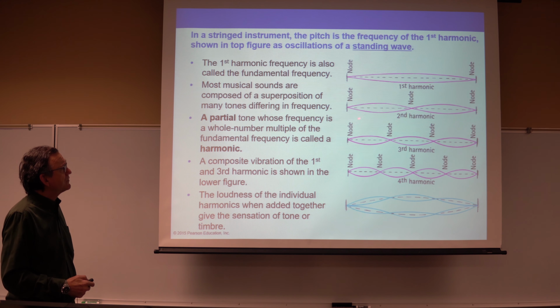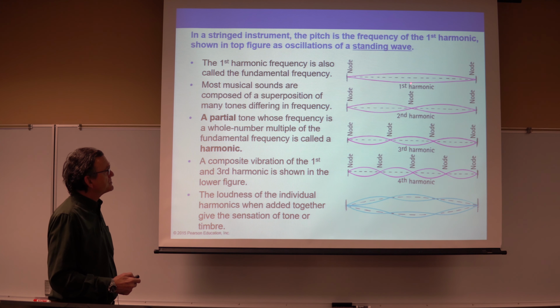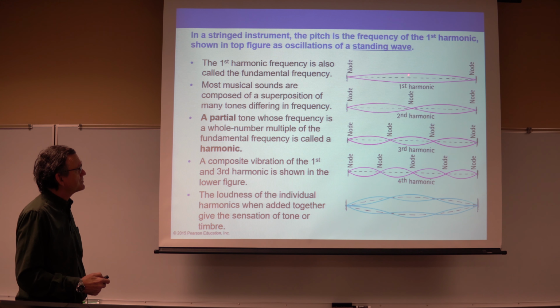So the only way in which we can obtain a sound from plucking a string is to generate the first harmonic, which means that the purple magenta line will oscillate up and down, where you see the maximum oscillation at the top, the minimum oscillation at the bottom, and then it goes back to maximum again.